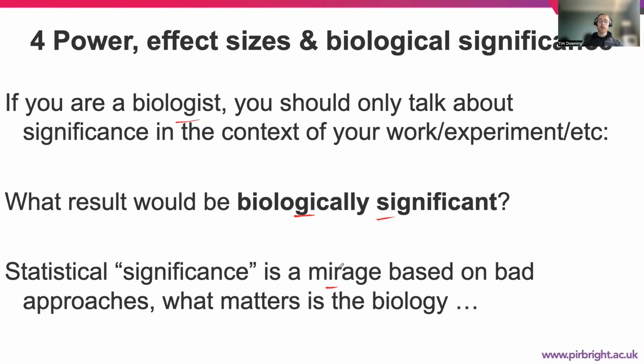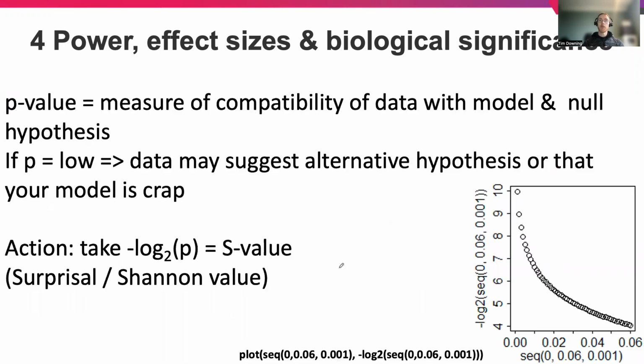One way of thinking about p-values and the capacity of the model and the null hypothesis is S-values. S-values refer to coin-tossing equivalents of p-values.